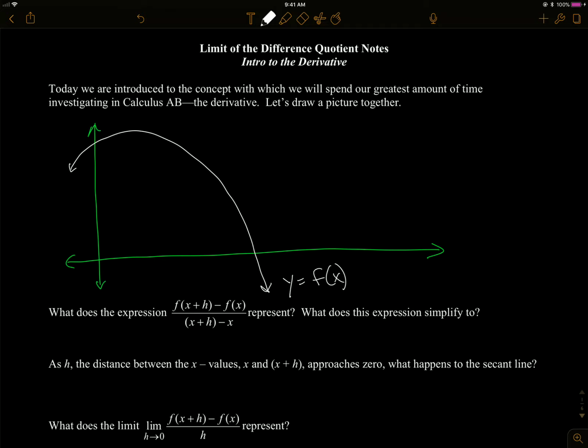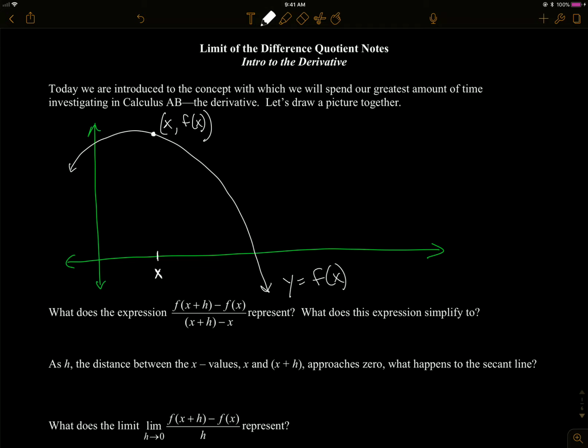So now we're going to look at a point, a random point there, which we'll call x. We're going to call its x coordinate x. And then its y coordinate would be, well, if we plugged x into the function, so we'll just call it f of x. Remember, that means a y value. So those are the coordinates of that point.